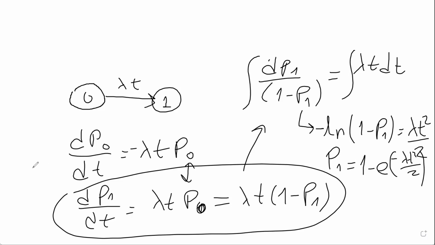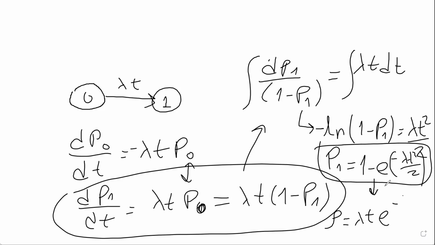Okay, so it's the thing I have here. If I want to study the distribution, it's taking the derivative of this. Sorry for the space. The distribution is the derivative, and the derivative is going to be lambda t e to the minus lambda t squared over 2. Okay, so we can compare our histogram with this distribution.